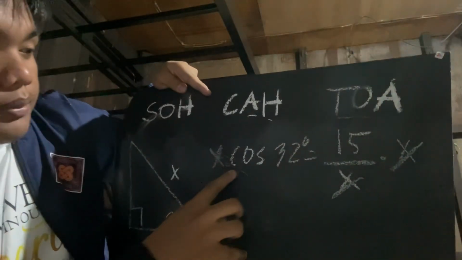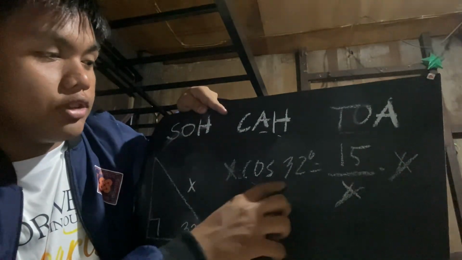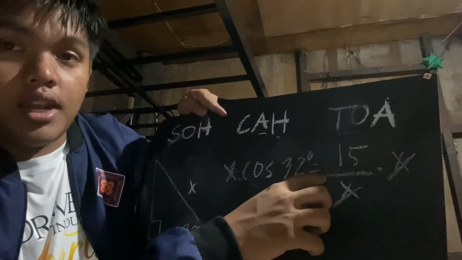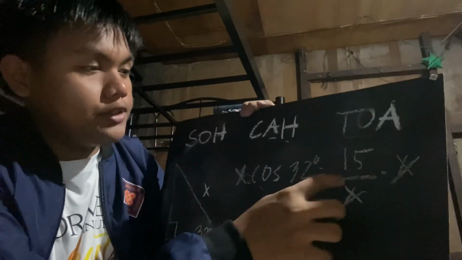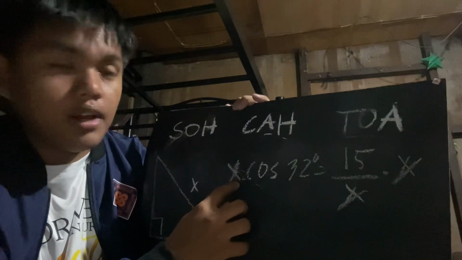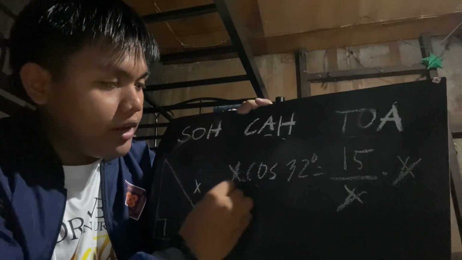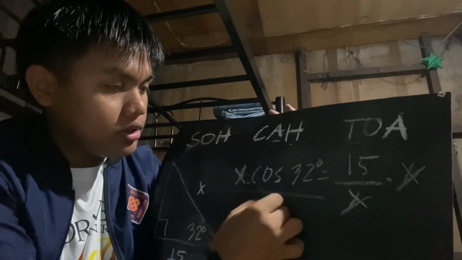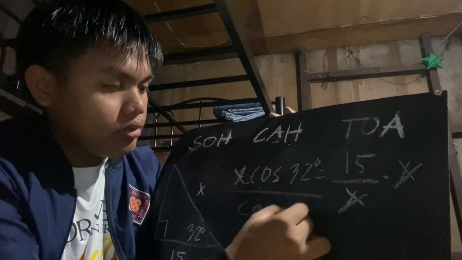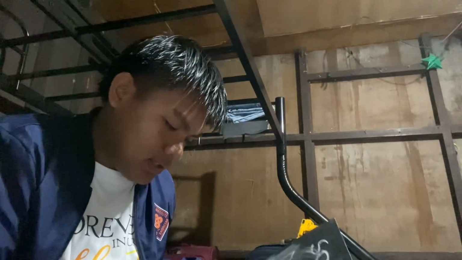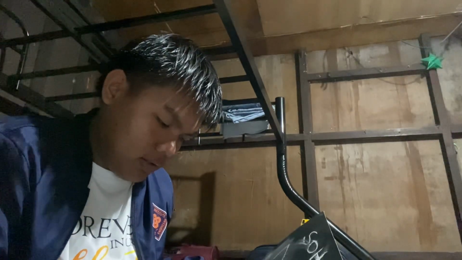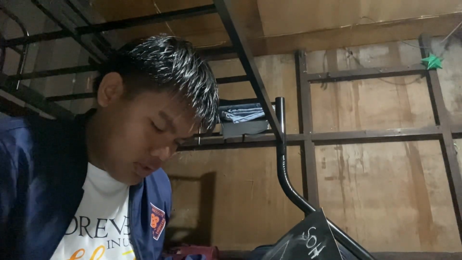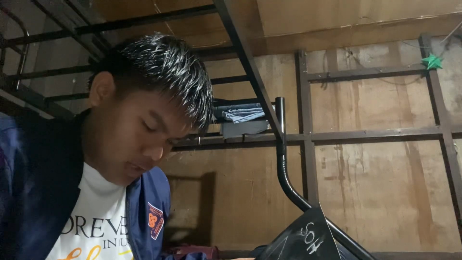The remaining will be x times cosine 32 degrees equals 15. Since we need to find the x value, we divide both sides by cos 32. Then we have x equals 15 over cos 32 degrees here.